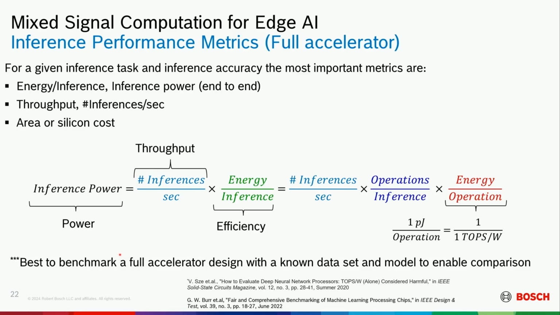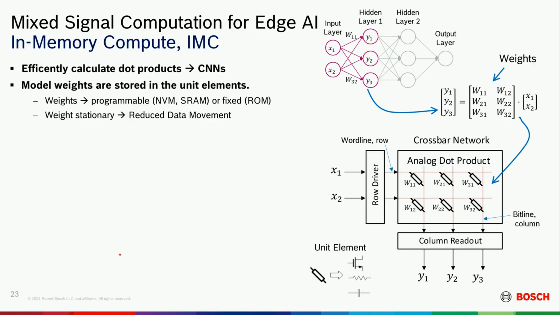It's difficult to compare. All right, so then how in-memory compute works. I'm doing a very simple overview of this, but basically it's a crossbar array network, and it has some unit elements in these crossbar arrays.